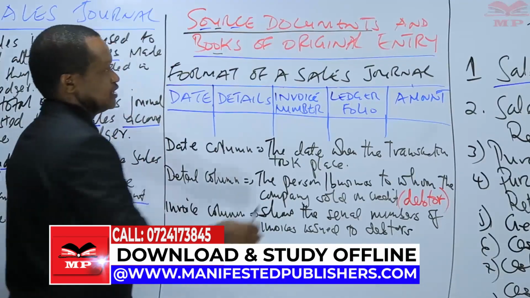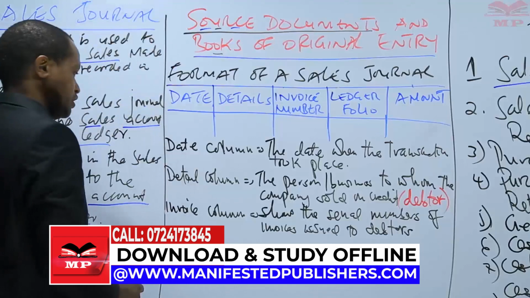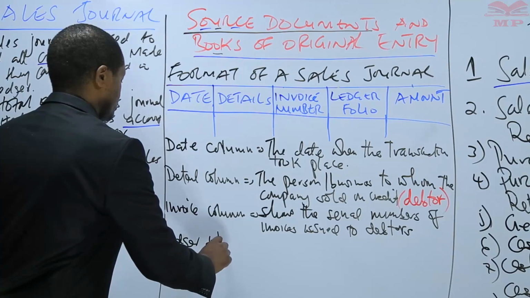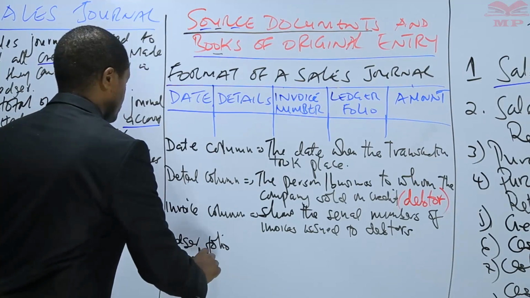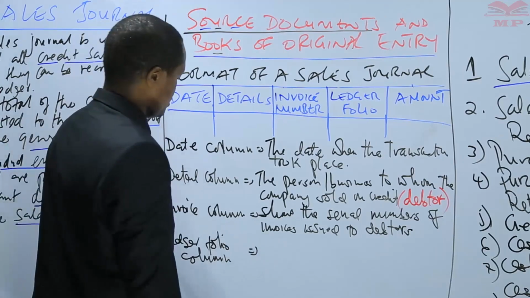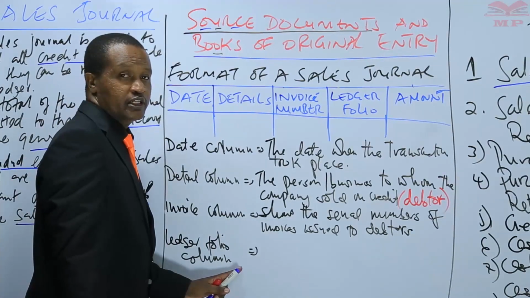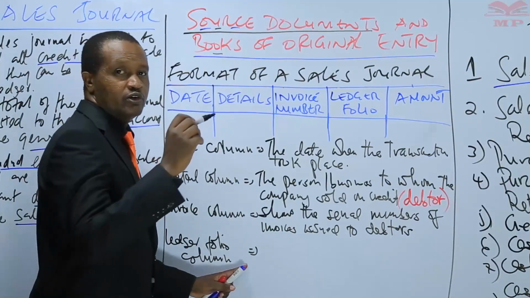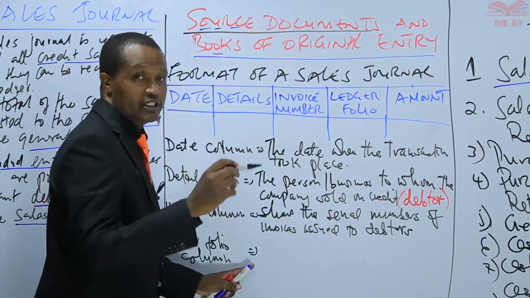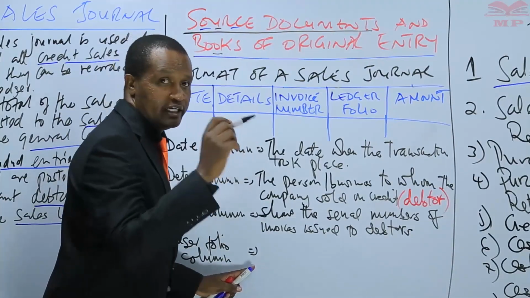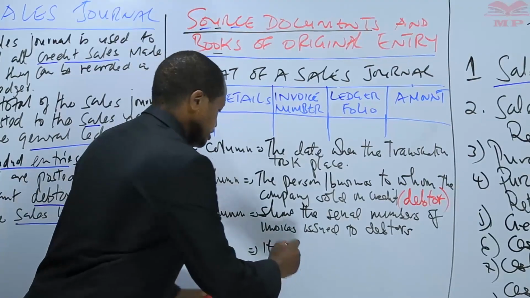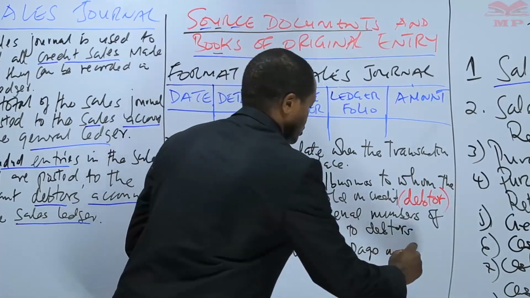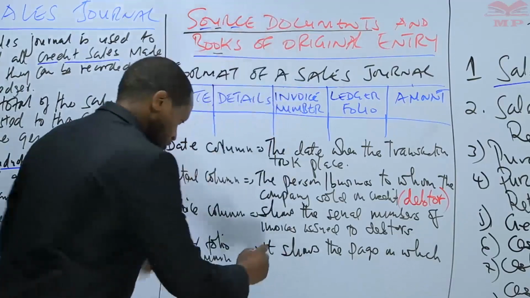Then we have the ledger folio column. The ledger folio column shows the page on which the debtor's account is found in the ledger.